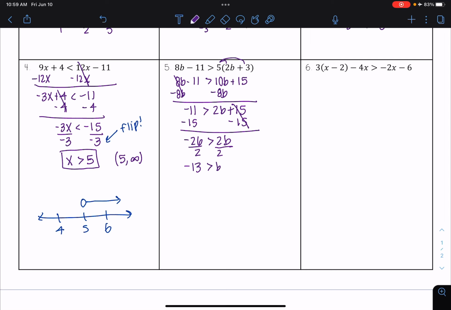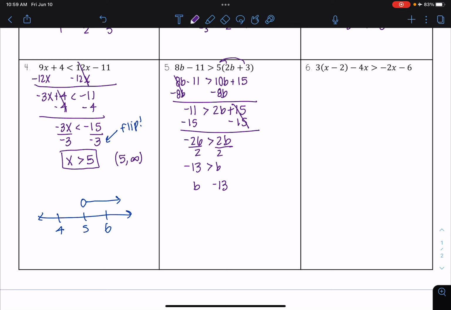Now, here you have a couple of choices. You could just leave your answer like this. However, I find it easier when I'm going to graph if I go ahead and have b be on the left-hand side. And so to do that, I'm going to switch the b and negative 13 around. So I have b over here, negative 13 over there. However, I have to also flip my inequality so that the pointy end is still pointing to the b.